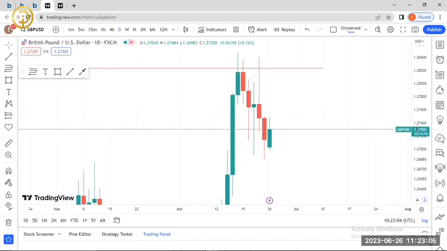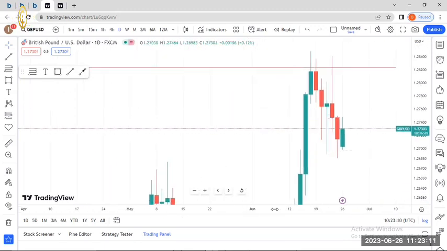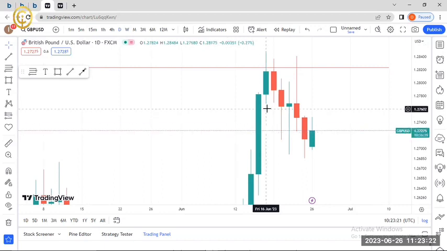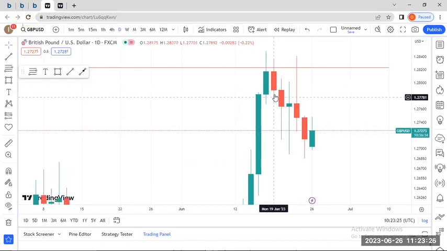So what were the origin and terminus you expected for GBP USD? Now, as for this pair, it's always good sometimes to leave out the first trading day of the week, which we normally leave out Monday, to just see what the market wants to tell us. So as at Monday, we had this candle here.